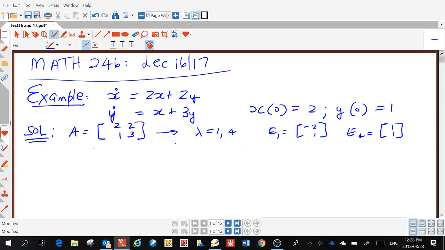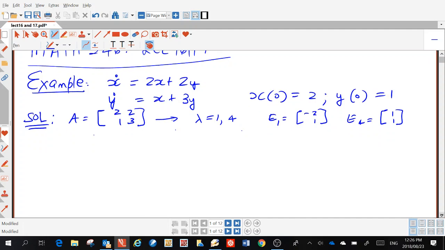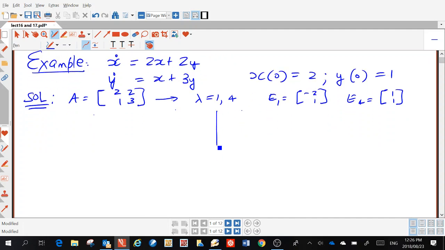So that's normally useful. What we've learned so far is that if you draw those two at least, minus 2, 1. So minus 2 is here, 1 is there.